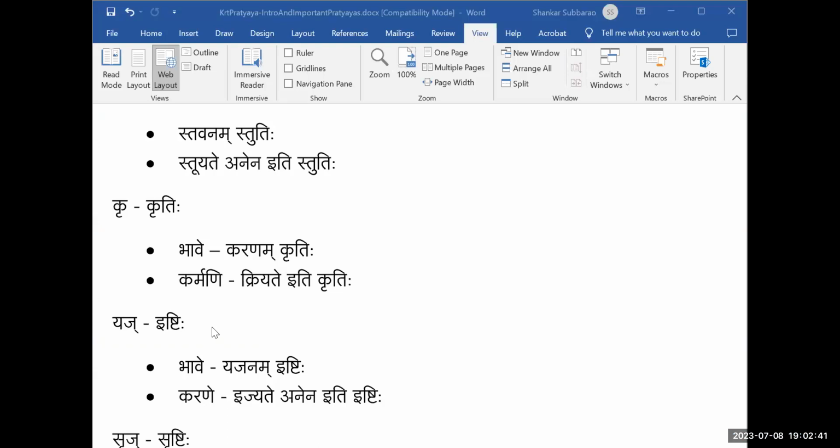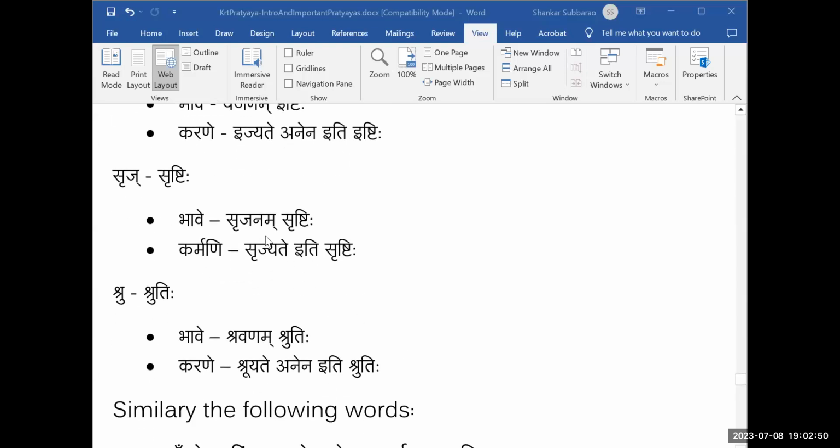All right. Now, next. Srij. Srij becomes what? Srijanam. No, this is wrong. I have made a mistake here. It should be Sarjanam, Srishtihi. Not Srijanam.